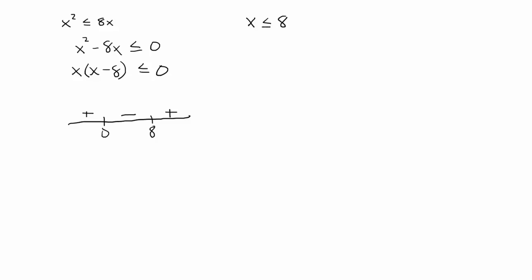And you would see that this would include everything less than 0 as well, which we know is not true. So here in interval notation, x squared is less than or equal to 8x when x is in between 0 and 8. And this time we used brackets because we want to be less than or equal to, so we include the endpoints.